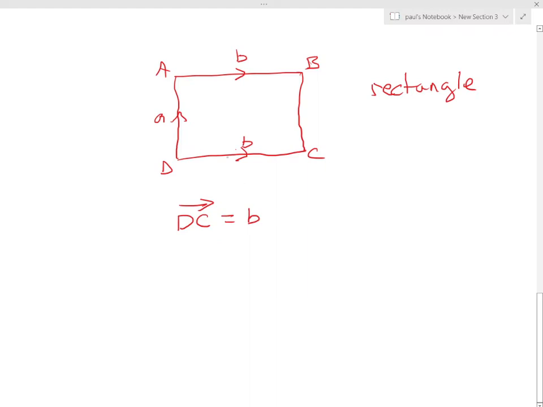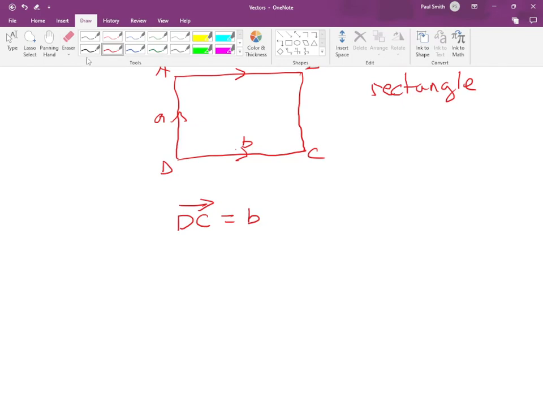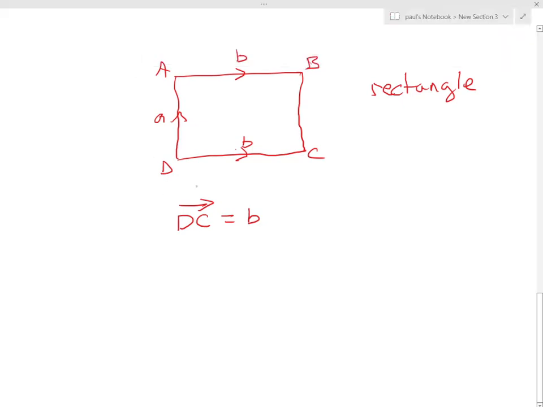Now, we could go another way. Let's go a completely different way to get from D to C. First of all, we'll find the vector DB, which is this diagonal line.